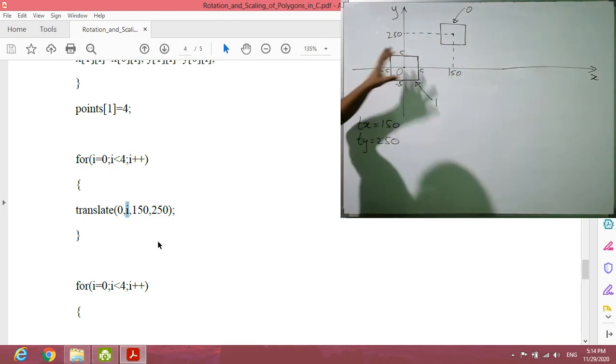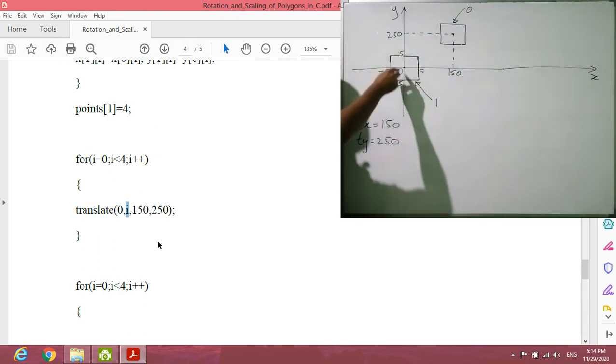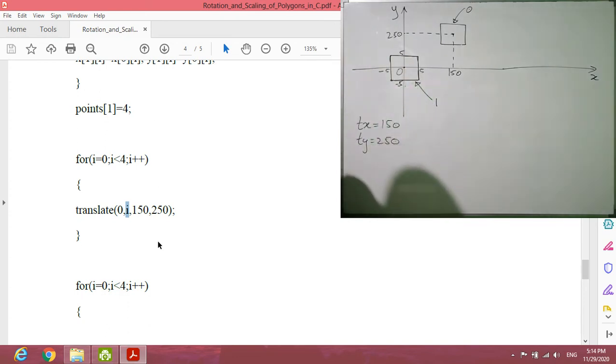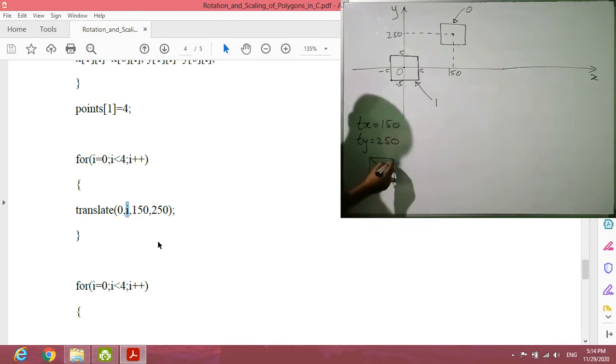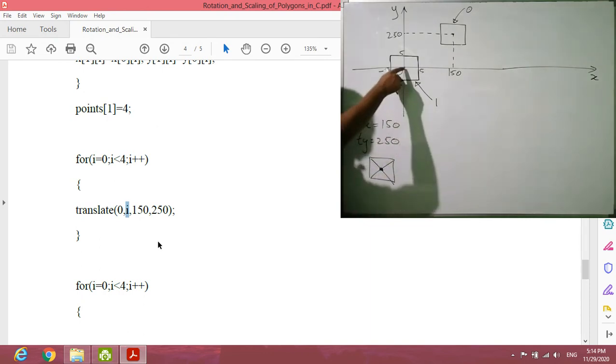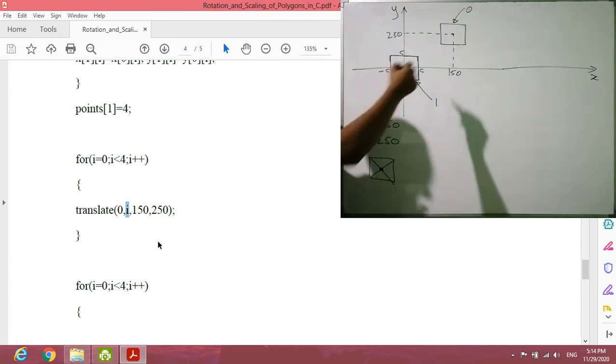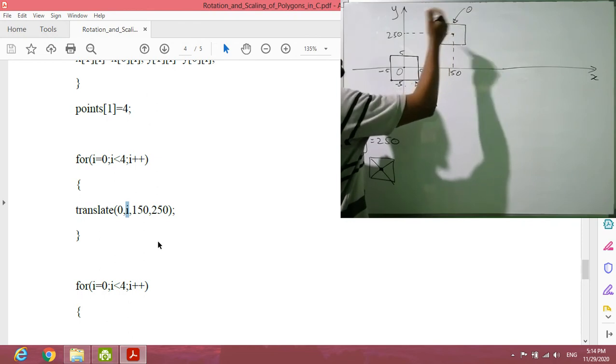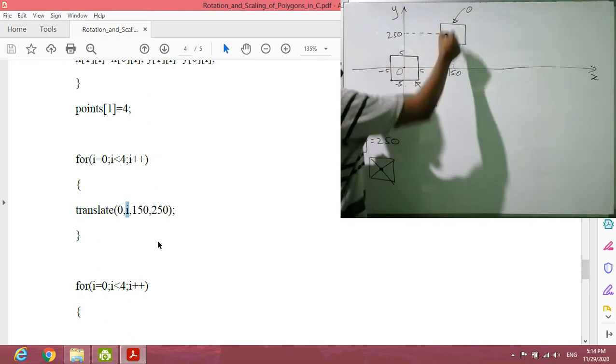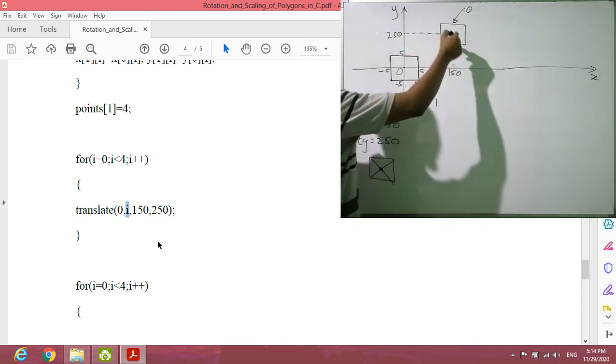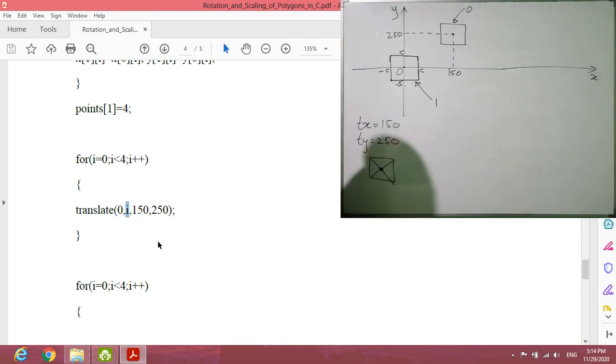Since this is a square, the center of the square is also the origin. It is a square, no? Therefore the center is the origin, these lengths are equal. So now the coordinates of the origin are here. That one you have to logically understand.